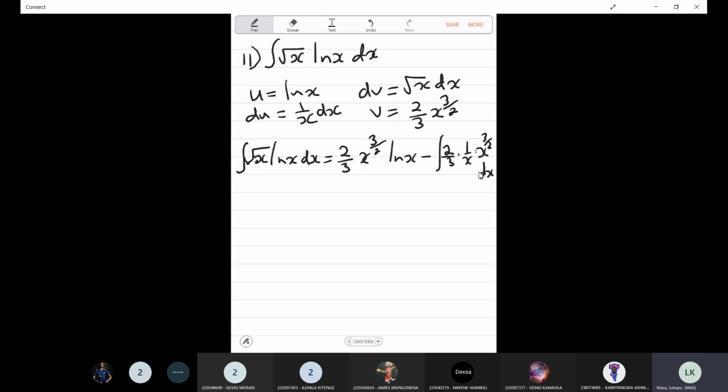Okay, so let me simplify that. This is 2 over 3 x to the power of 3 over 2 ln of x. The 2 over 3 can go outside. Then inside we have x to the power of a half dx, which is 2 over 3 x to the power of 3 over 2 ln of x minus 2 over 3.